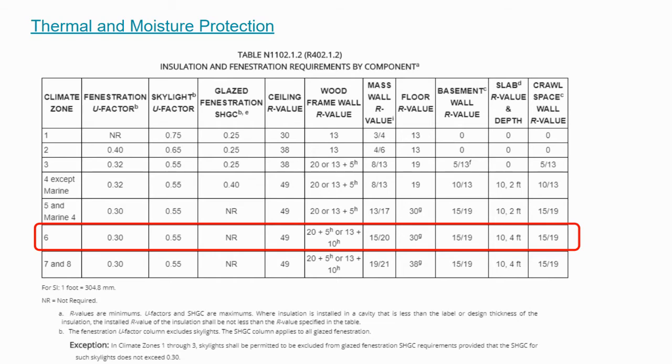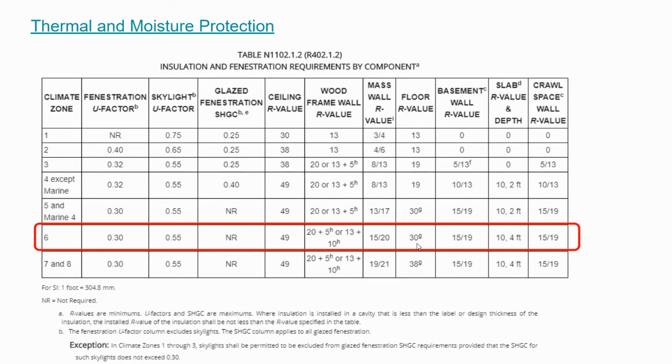That is continuous insulation. So this might be something like rigid insulation or insulation that's built into a panel. The mass R value is 15/20, which means the R value of the cavity is 20. The performance of the wall cannot be less than 15. And we'll explain the performance of the wall here in a minute.